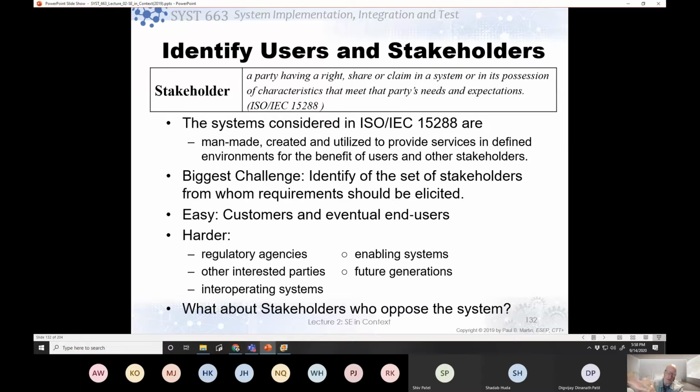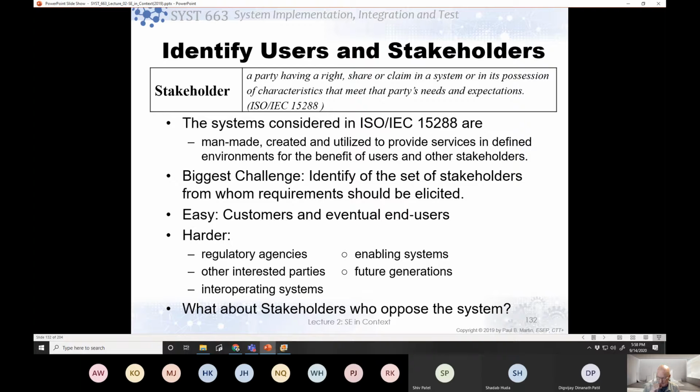What about the coffee growers? Are they involved? How about regulatory agencies for coffee quality and maintenance? Are countries worried about that? Are there enabling functions that you need to be aware of? What are those stakeholders? And are there future generations?